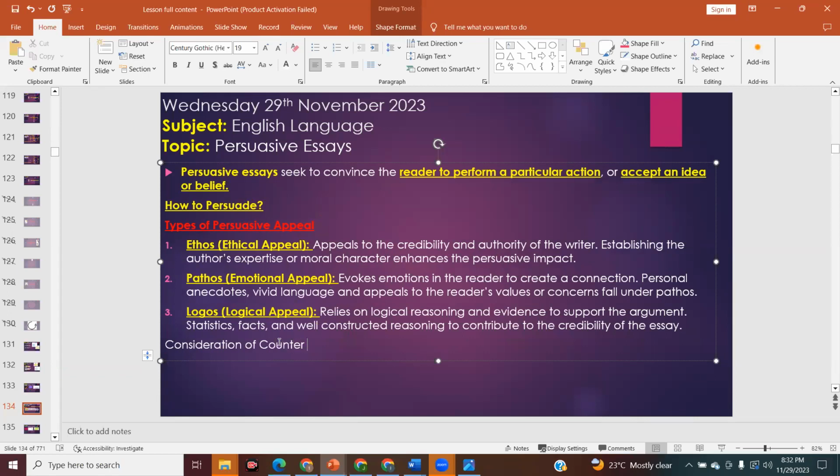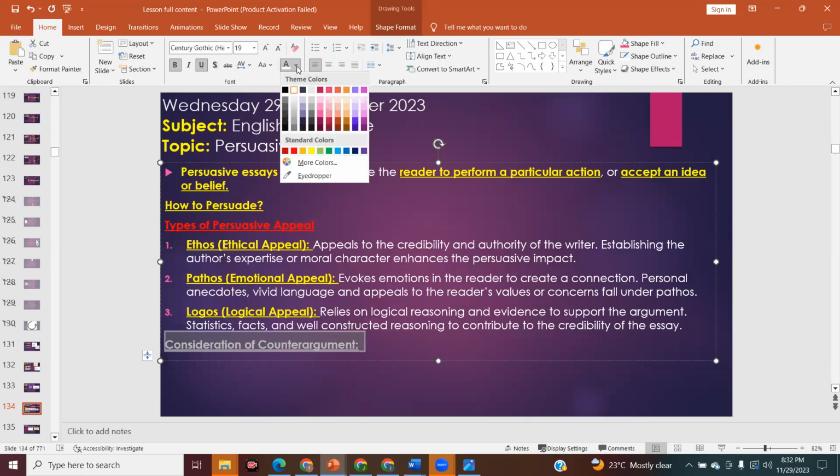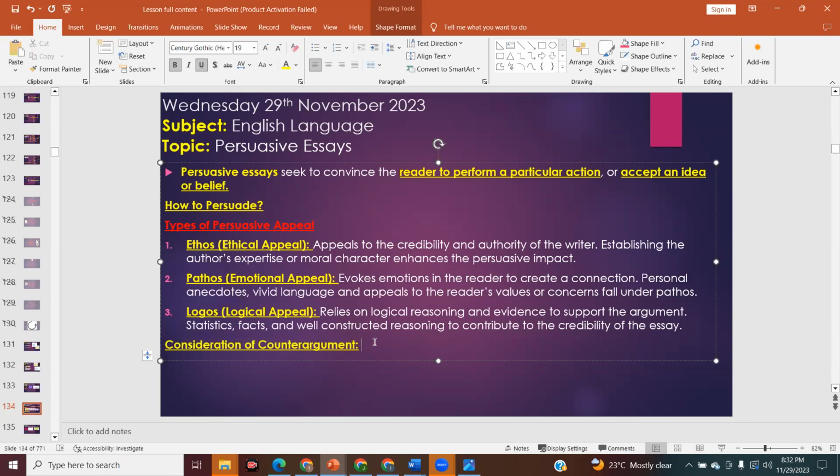So a counter argument is basically an argument that goes against what you're trying to say. So someone might say, "I believe that Batman was better than Avengers," and you're trying to show that Avengers is better.